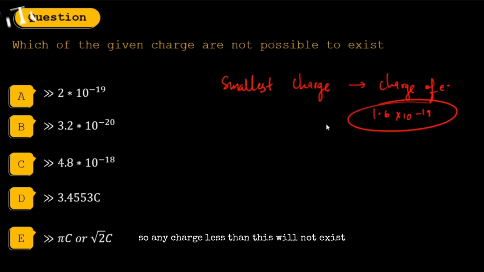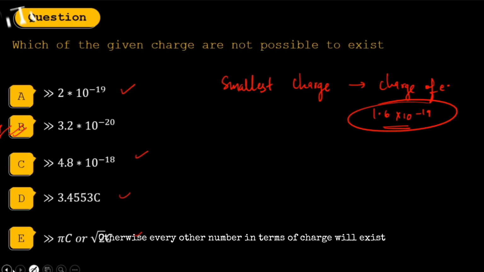So any charge less than this will not exist. Just look at the question, look at the options, and tell me which number is less than this number. Think about it. It's an easy one. B. Correct. So this is something which will not exist. Otherwise, every other number in terms of charge will exist.